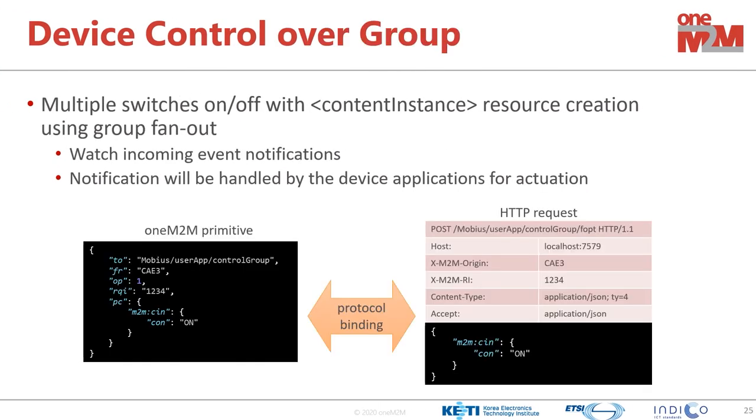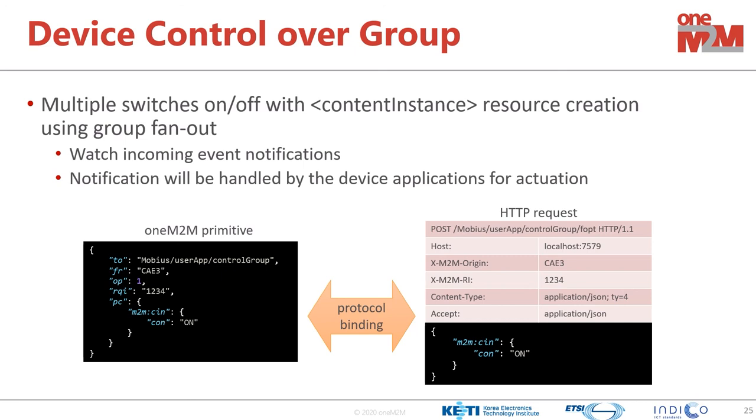Then it's time for us to actuate multiple devices at once with the content instance creation targeting the group fan out. And let's see whether we get two notifications for one request.